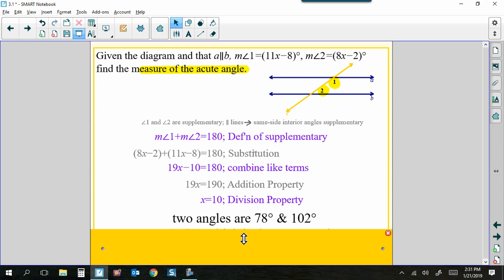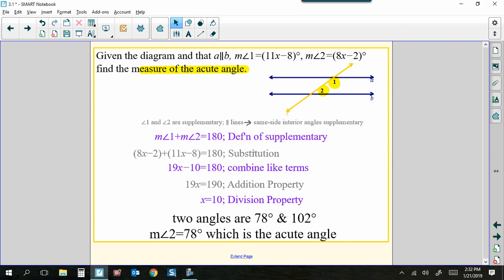One of those is acute. Well, I kind of think of acute as being something cute and tiny, so I'm going less than 90. Less than 90, which in this case is angle 2. Angle 2 is 78 degrees, and that is our acute angle.